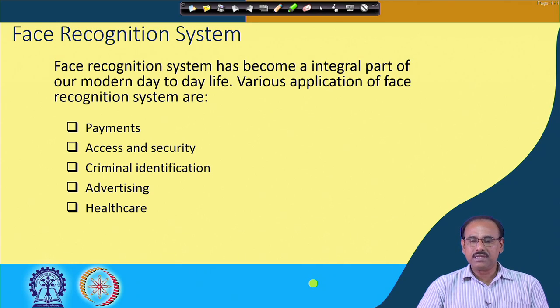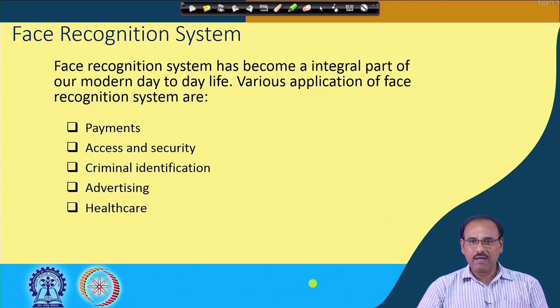Think of another application, that is access and security. There are many offices which are highly secured. Only authorized persons are allowed to enter those offices, because there may be strictly confidential documents or information available in that particular office. Those offices are not accessible to any person, only the authorized person can access them, and we want to automate this process.